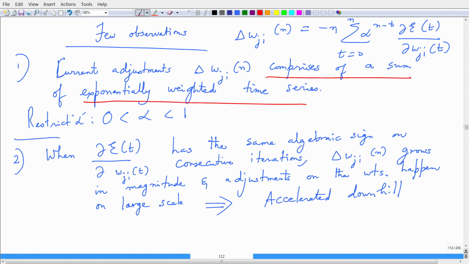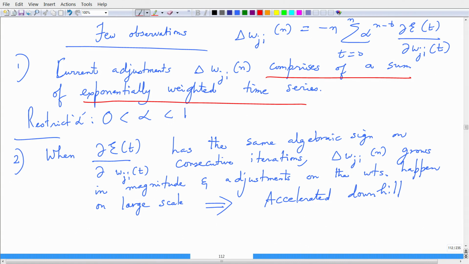So, there are two things: the derivative of E of t with respect to Wji can have the same algebraic sign, or it can have a different sign over consecutive iterations.